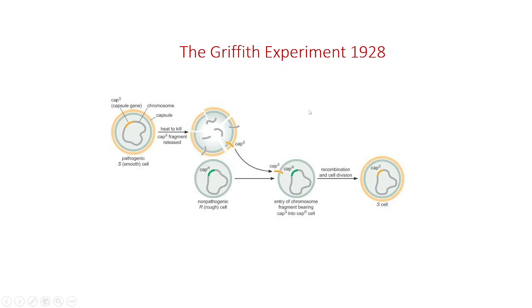So what happened, this heat killed genetic material was present freely. A virulent and an avirulent strain have a very similar genetic arrangement, maybe a mutation here and there is possible, but more or less the genetic signature is quite similar.